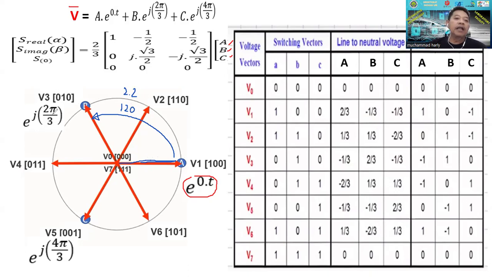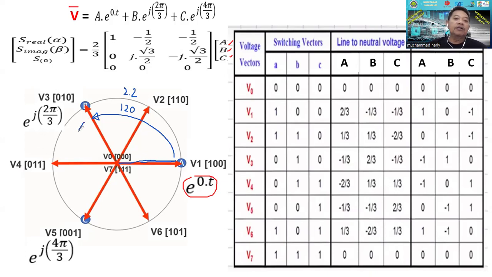Here the vector is symbolized by E, e to the power j, where j is imaginary, with 2π divided by 3.